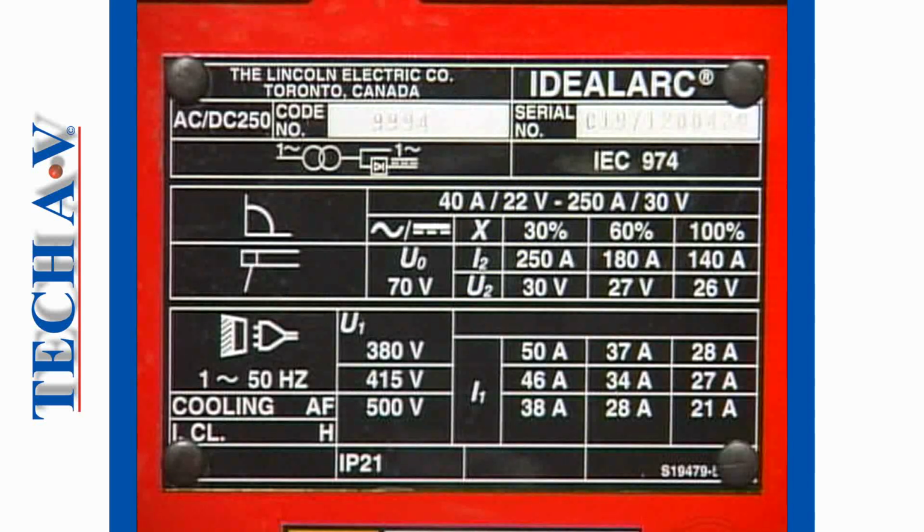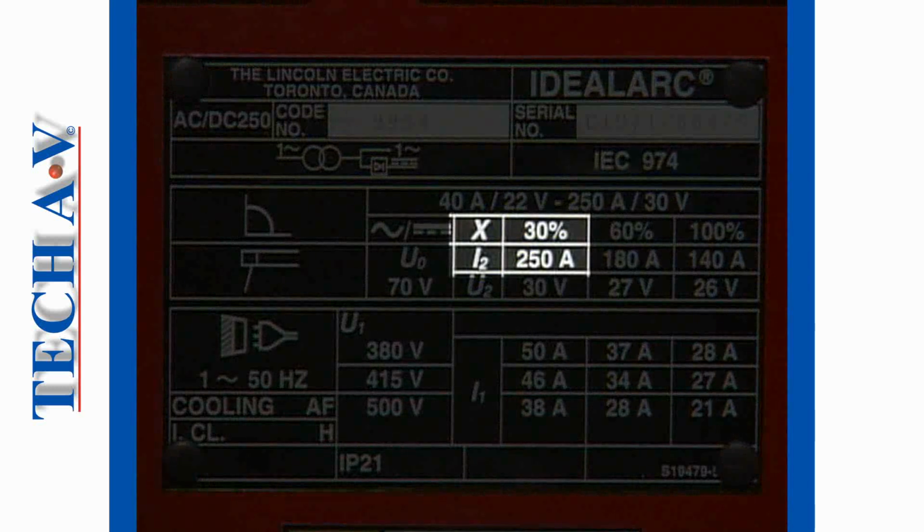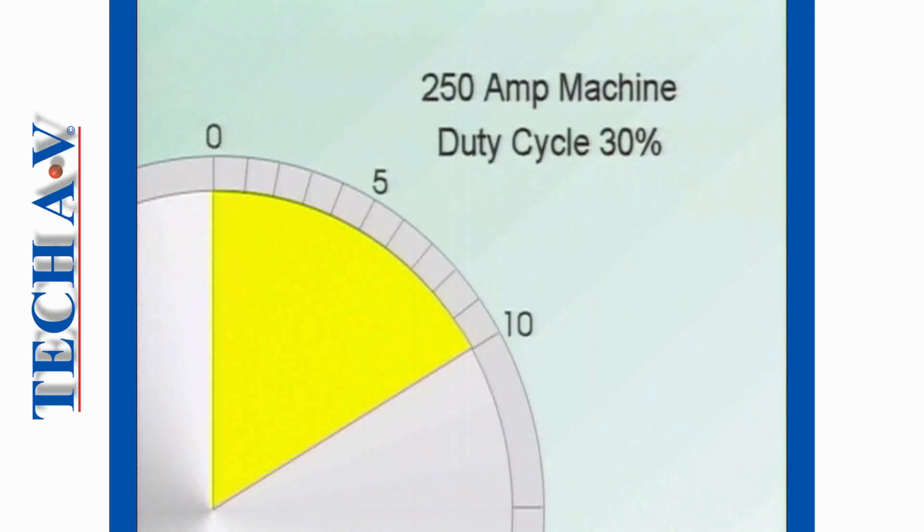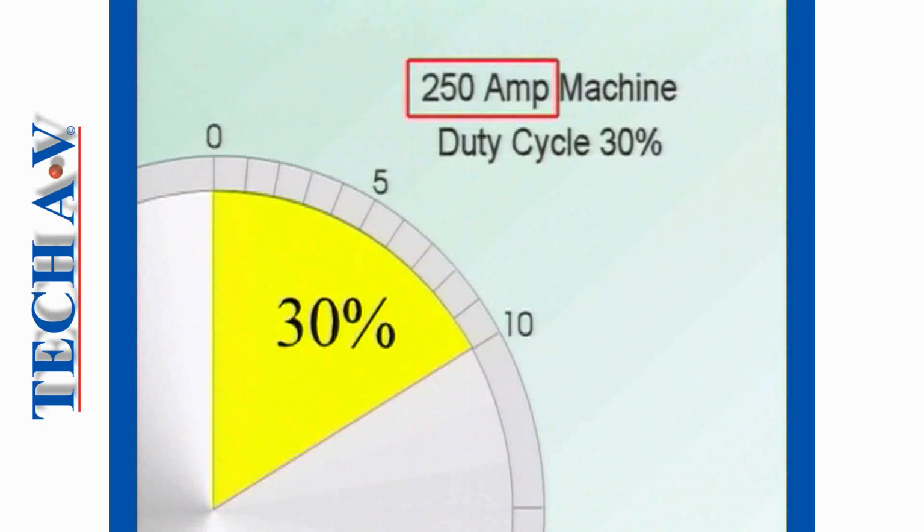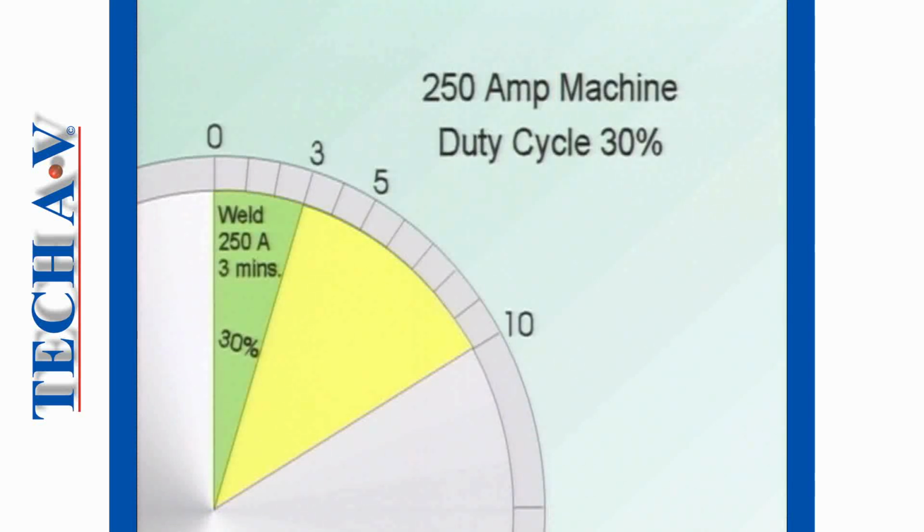For example, the duty cycle of this 250 amp machine is given as 30%. This means that it can be operated at 250 amps for 30% of a 10-minute cycle. In other words, the machine may be operated for 3 minutes at full output.